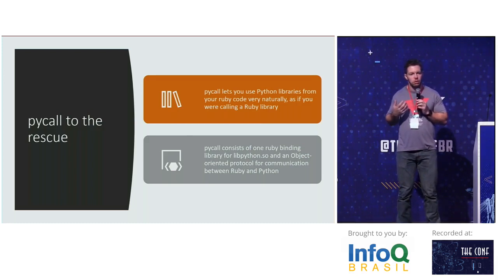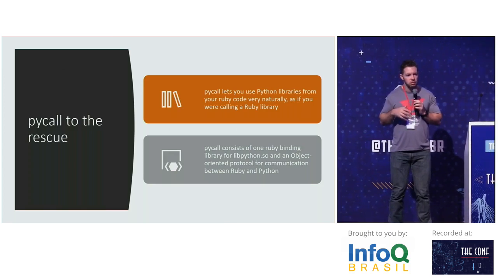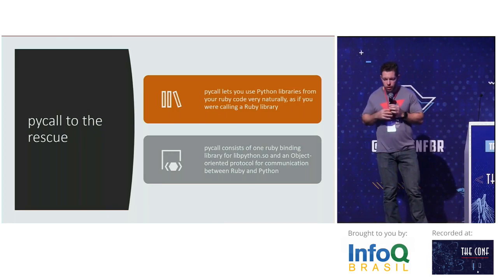So it will allow you to, for example, write all the data science code you need in Python and call that library, that module that's doing all your Python work, in Ruby, and read data, send data to the Python library, and create an interface for your business application using Rails.